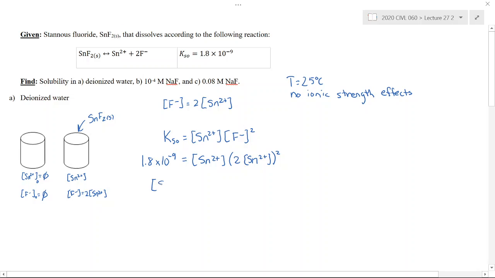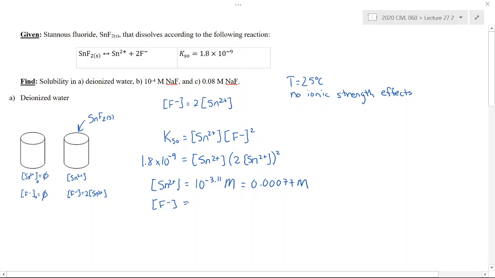So I solve that, and I end up with a stannous concentration of 10 to the minus 3.11 moles per liter, or 0.00077 moles per liter. And then my fluoride, I can solve that also.